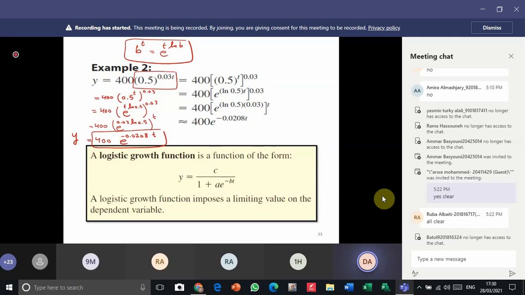The last subject is the logistic growth function. This is the function between two values.